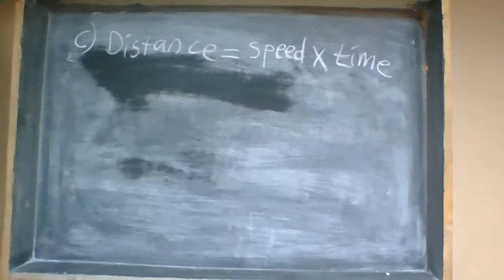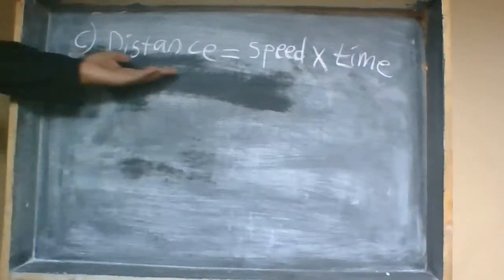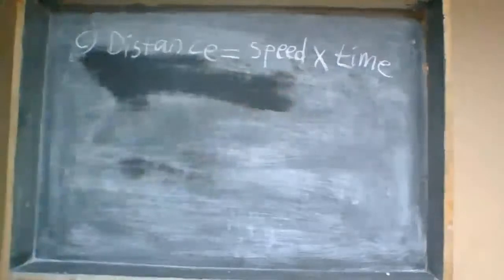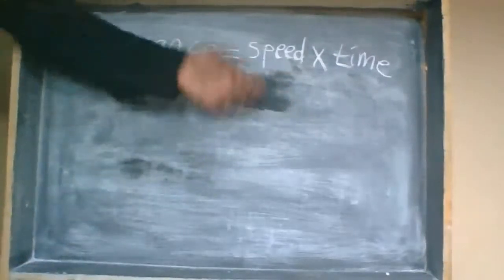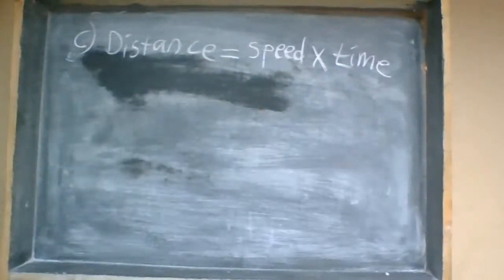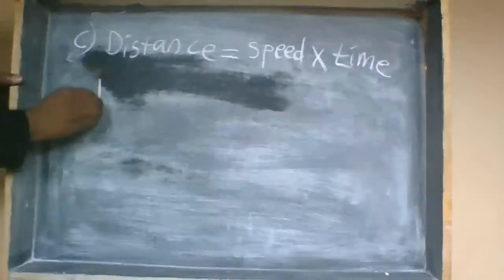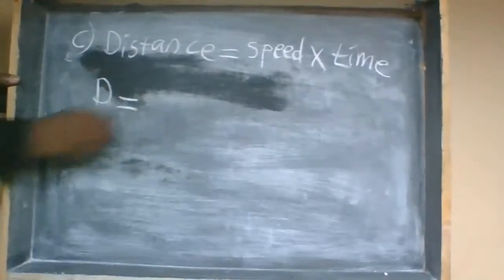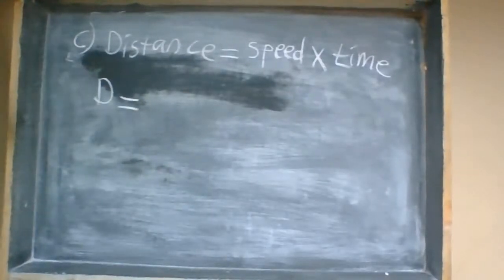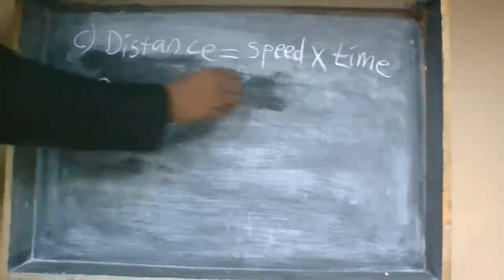For the car to have stopped moving, what was the distance covered? Therefore, distance equals speed times time. So distance equals our speed.